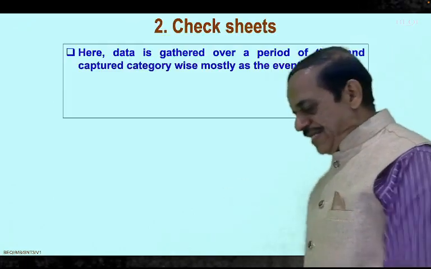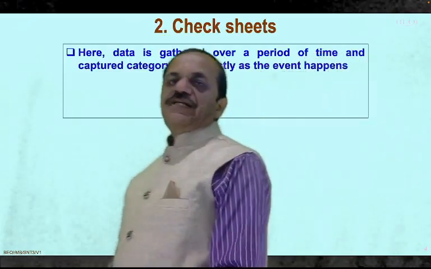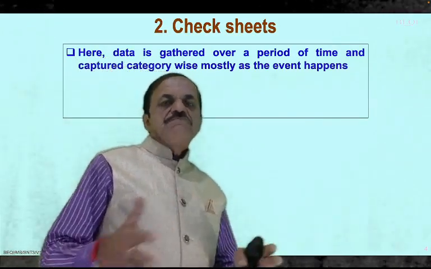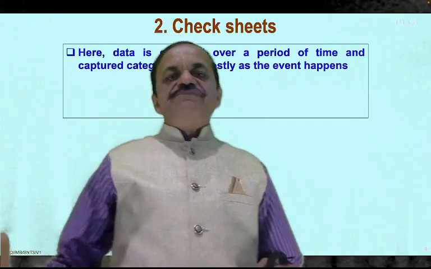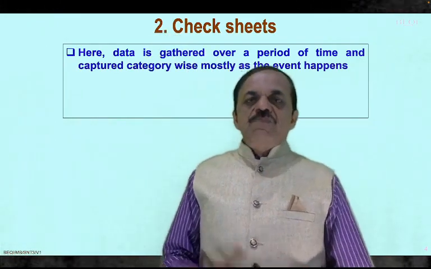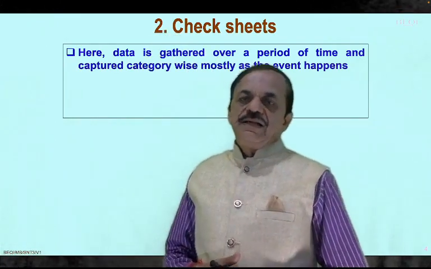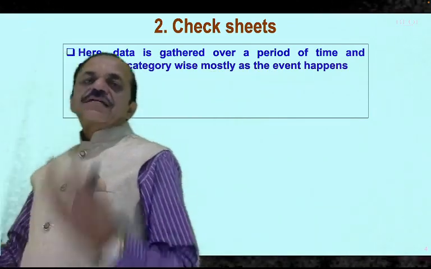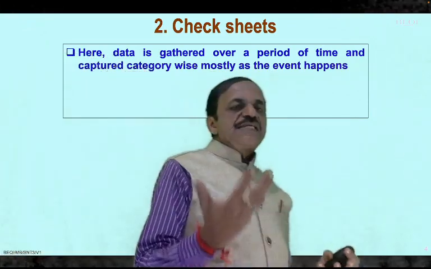Now I'll come to the second tool, that is the check sheet. Here data is gathered over a period of time, say 1 month or 1 year, and captured category-wise, mostly as the event happens. For example, if I am manufacturing TVs, I may have 3 models.